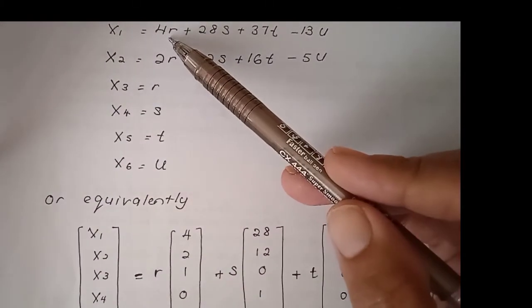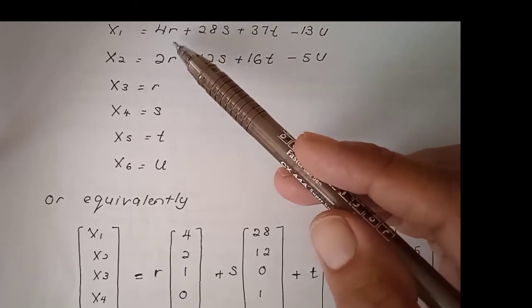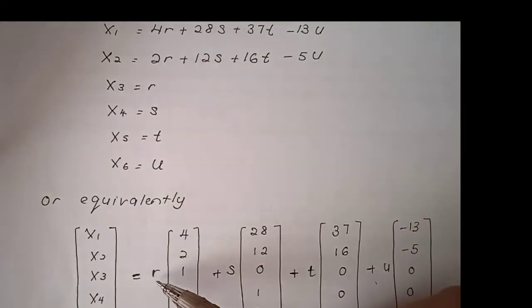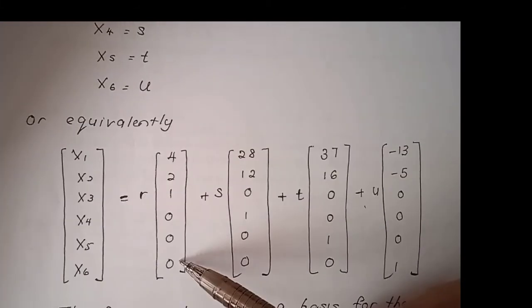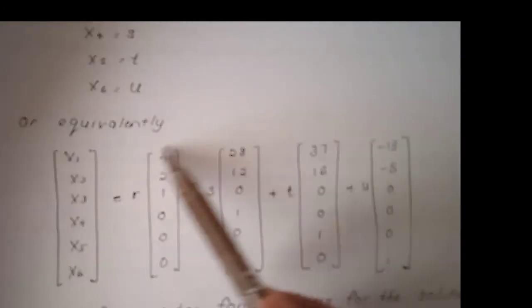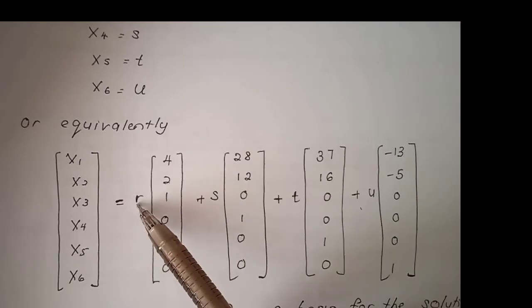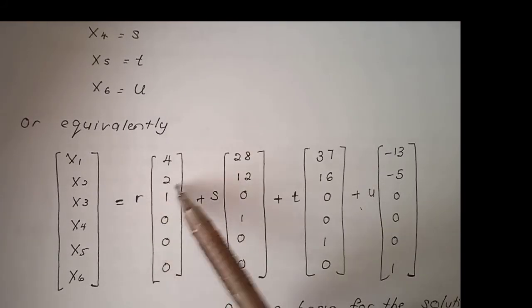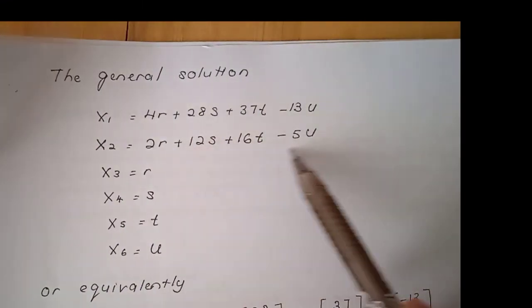So we take out the letters R, S, T, and U, take them outside, and inside is only the component vectors. So what we get from this is a combination of these. If we multiply by R, S, T, and U, we get the same equation again.